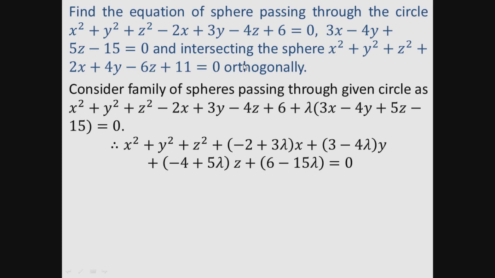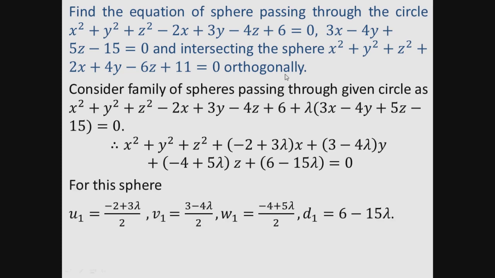Now we know the condition for orthogonal spheres. That condition is in terms of u, v, w and d. So find what u, v, w and d are for this family as well as for the given sphere, and then make use of the condition of orthogonality. So for this sphere we find u, v, w and d.